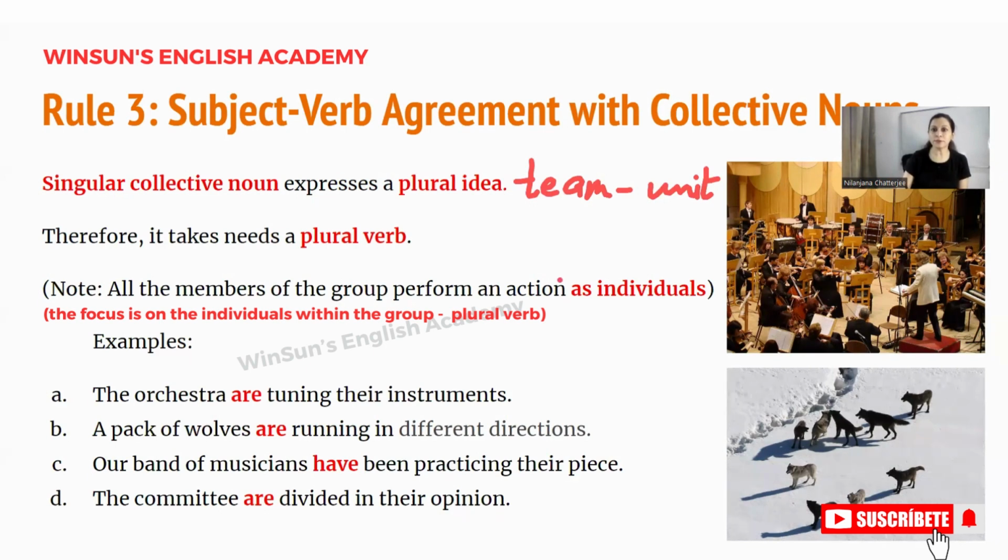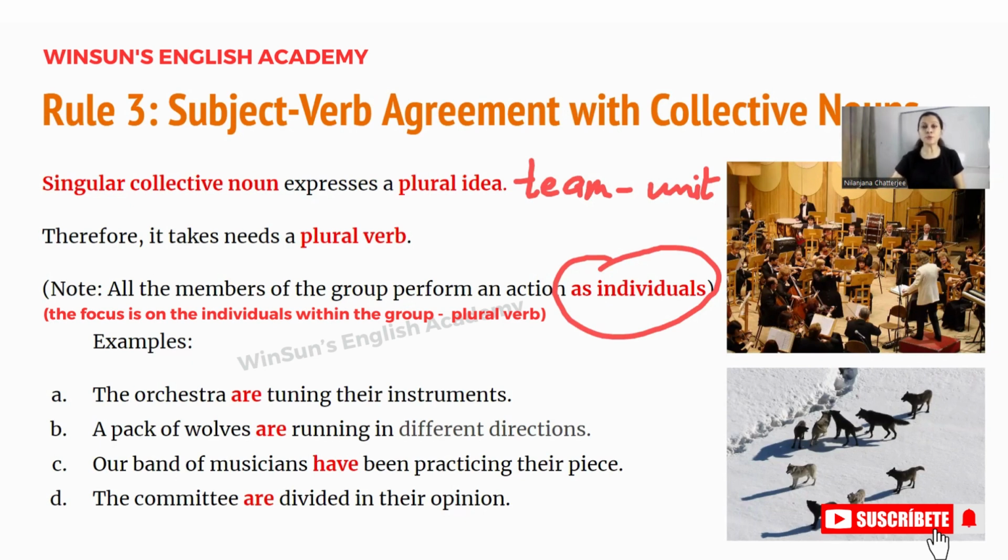This is the advanced rule that I was talking about. Here, if you see, this is an orchestra. Each instrumentalist has an instrument. They are tuning their instruments, right? So although they are together, they are performing different actions as individuals. And that is why they are expressing a plural idea, many actions, many instruments.